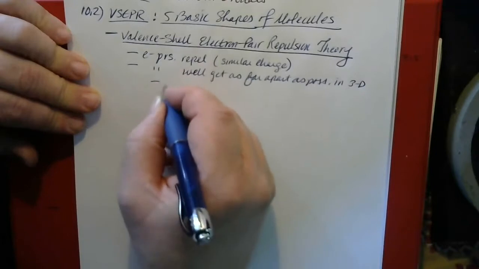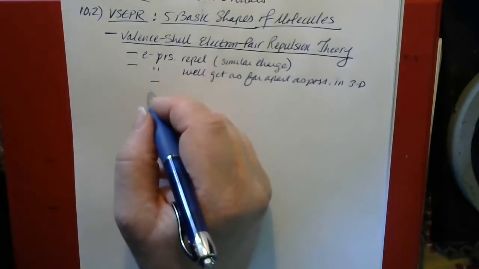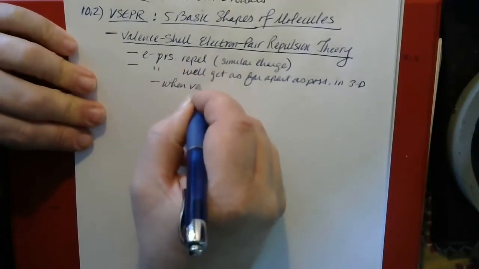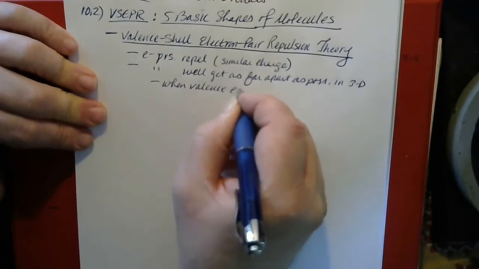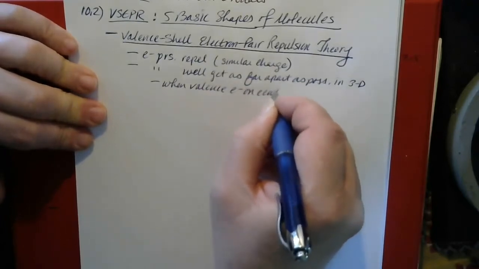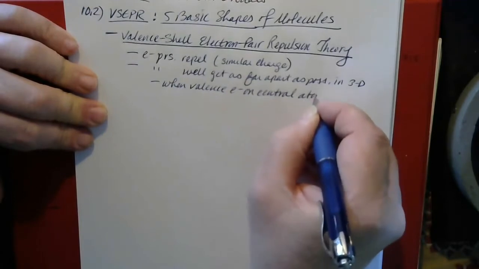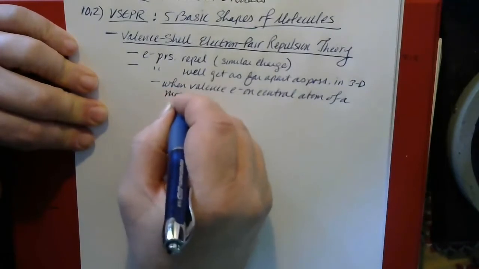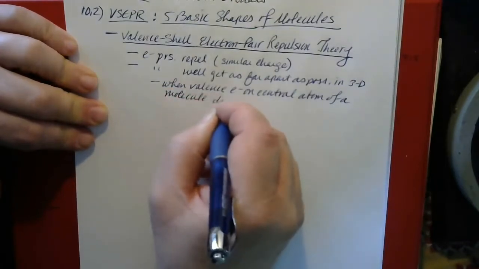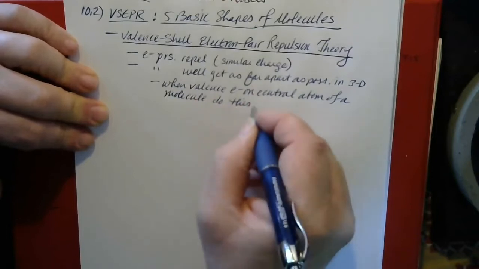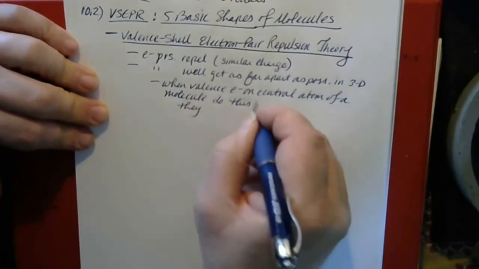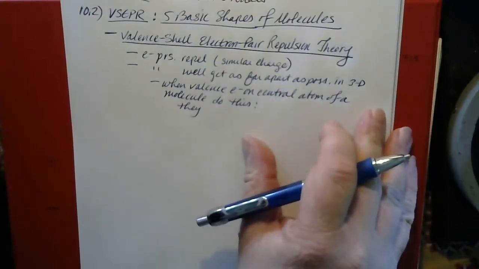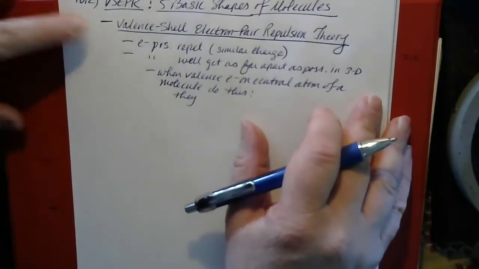And when those electrons are valence electrons of the central atom of a molecule, it's especially significant. Because when valence electrons on the central atom of a molecule do this, they determine the shape of the molecule.